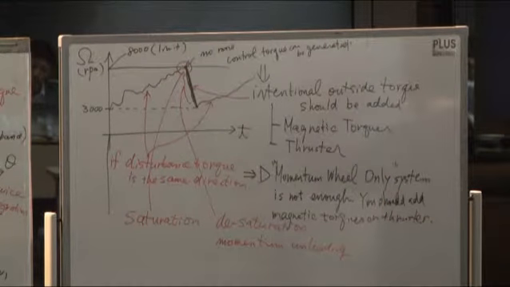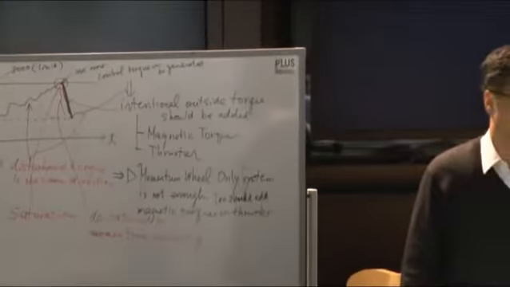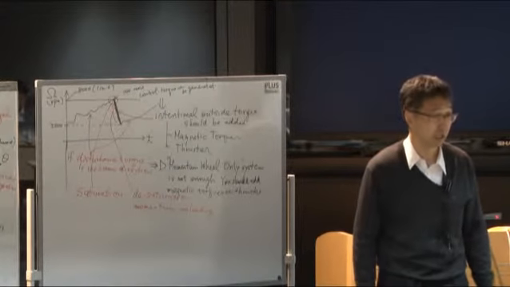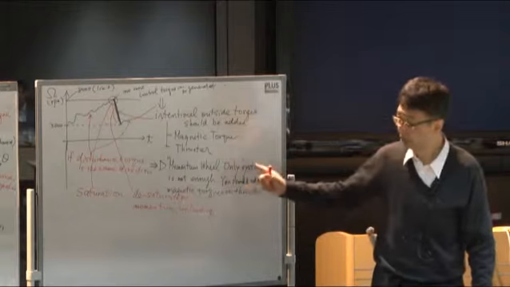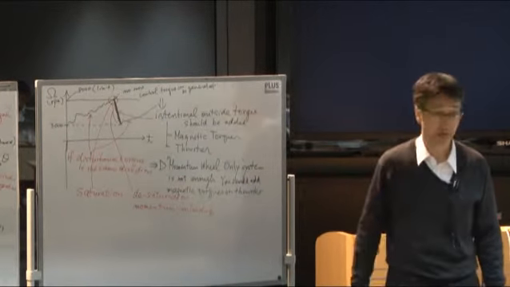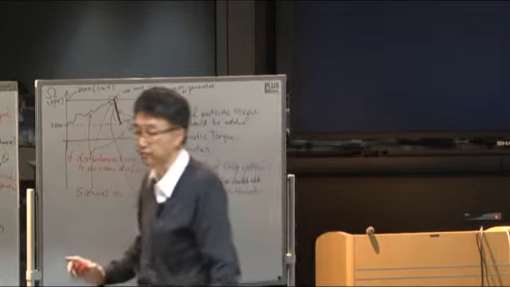Just making an electric current through the coil, then it can generate a magnetic momentum which interacts with the geomagnetic field to obtain some outside torque. So that kind of a system should be added to the momentum wheel. So this is a very important result.